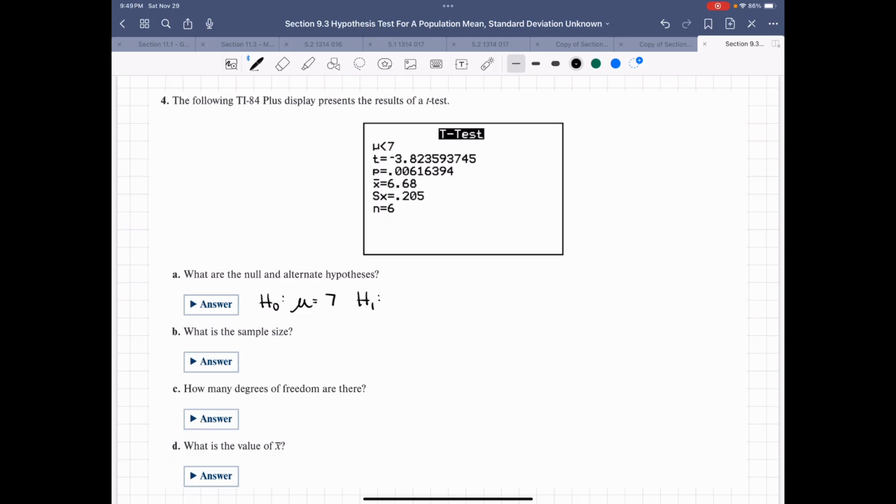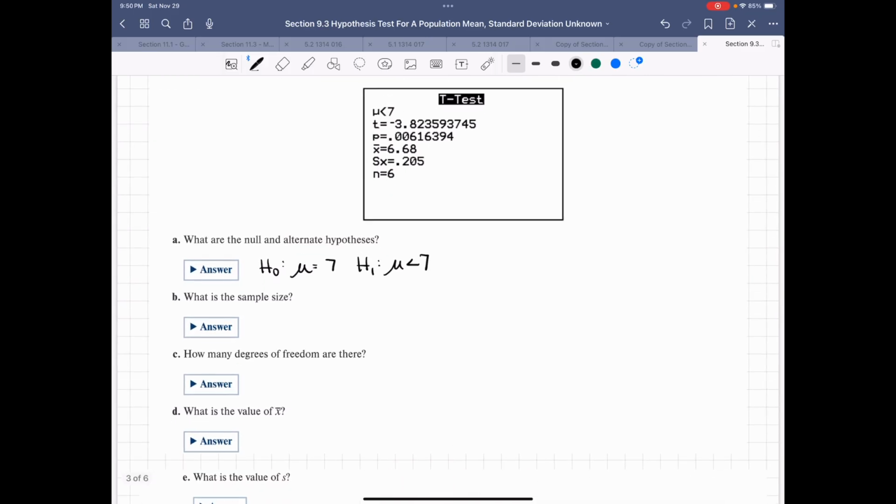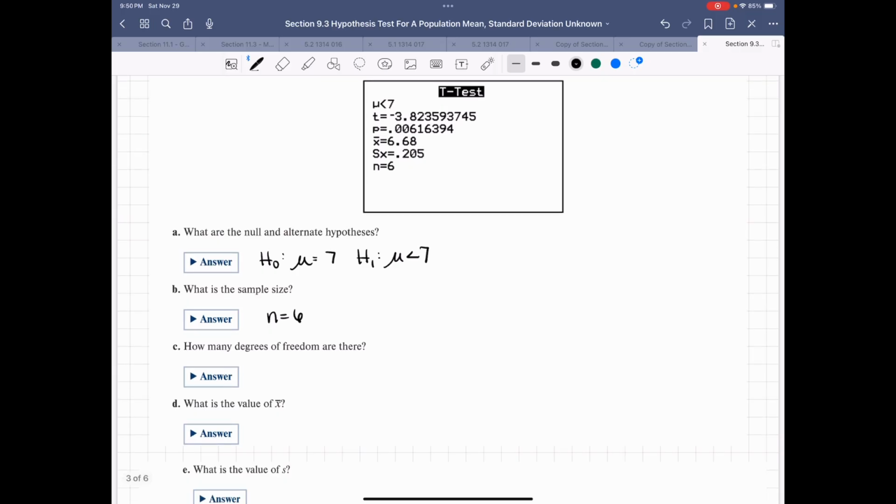And my alternate hypothesis is mu is greater than 7. Or less than 7, I'm sorry. It would help if I read the printout correctly. It asks what the sample size is. Well, that's n, so n equals 6. Okay, how many degrees of freedom are there? Well, I know that my degrees of freedom equals n minus 1. So 6 minus 1 is going to give me 5.